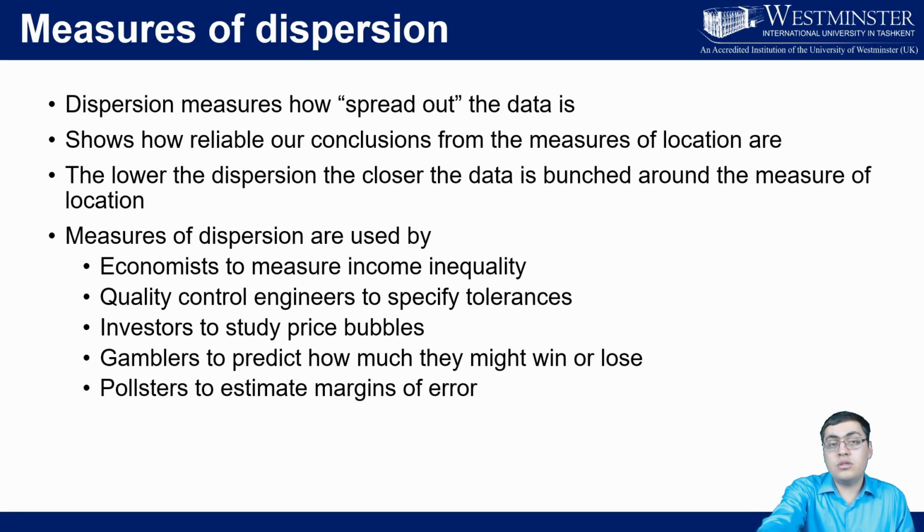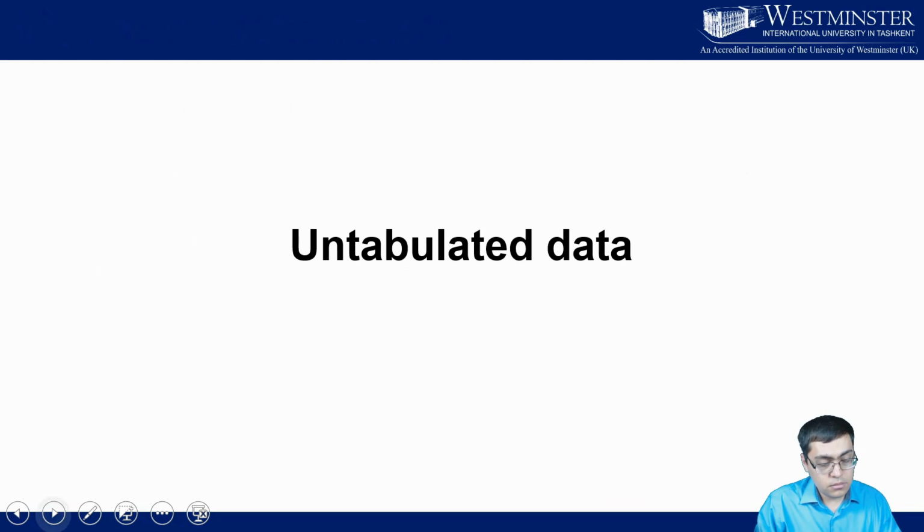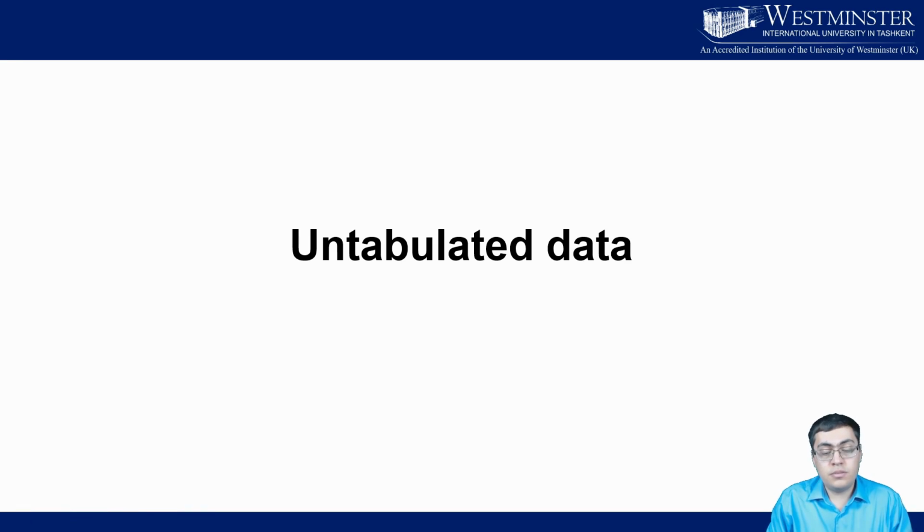Gamblers even could use it to predict the chances of winning their next game, and etc. Pollsters might use it to compute the margin of error that they get from polling. Just like last week, we are going to talk about measures of dispersion within the three data structures that we had, namely untabulated raw data, tabulated ungrouped data, and tabulated grouped data structures.